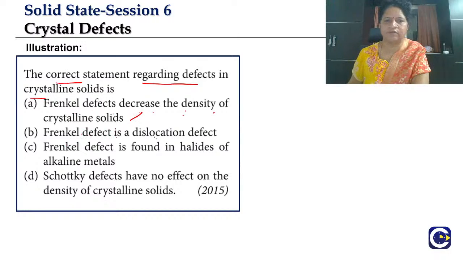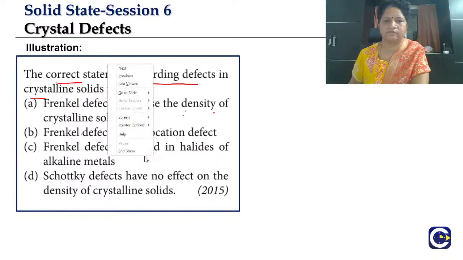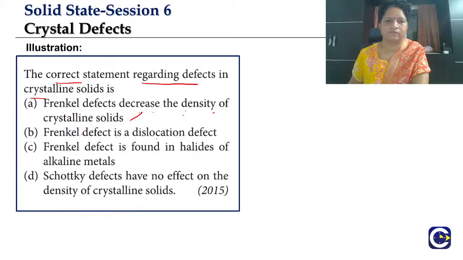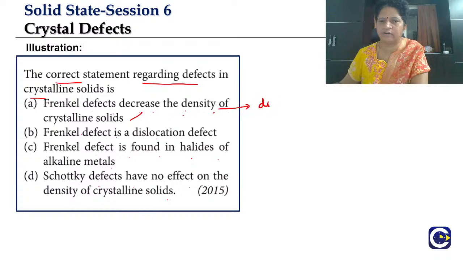Frenkel defect is a dislocation defect. Frenkel defect is found in halides of alkaline metals. Schottky defect has no effect on the density of crystalline solids. What defect have we said Frenkel defect is? Dislocation defect.